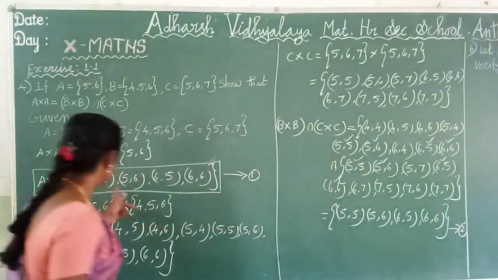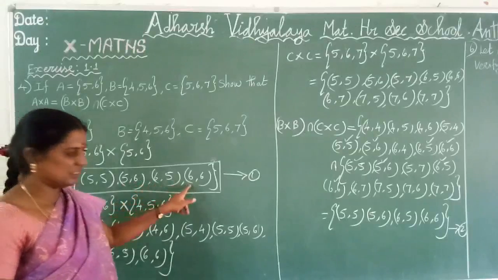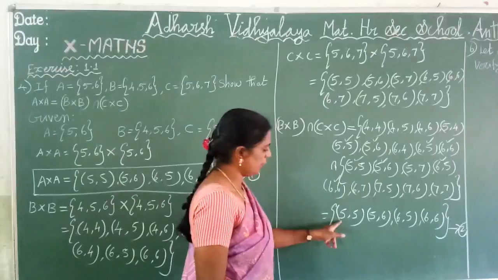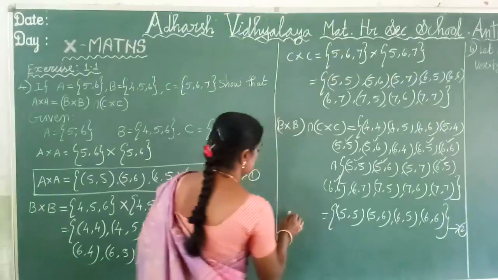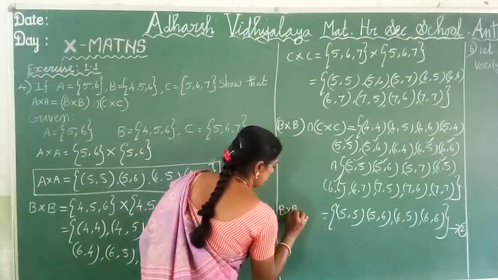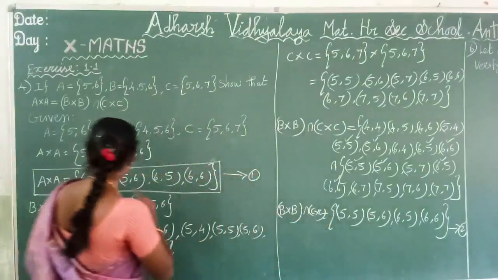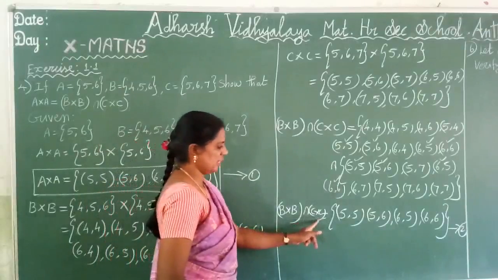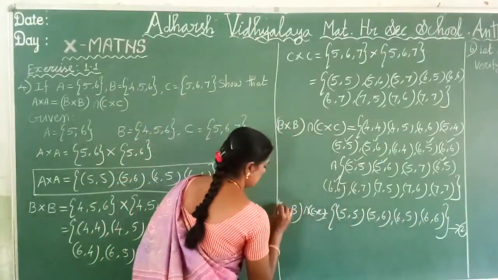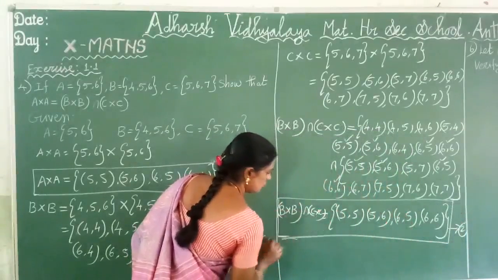See that in the first equation we have (5, 5), (5, 6), (6, 5), (6, 6). In the second equation also (5, 5), (5, 6), (6, 5), (6, 6). So what do you understand from equations 1 and 2? A cross A is equation 1, and B cross B intersection C cross C is equation number 2.